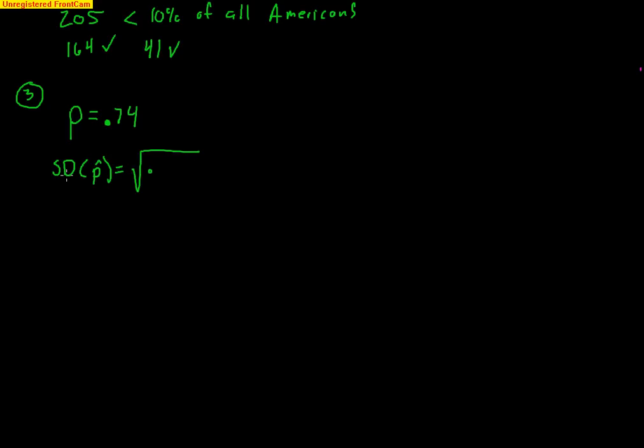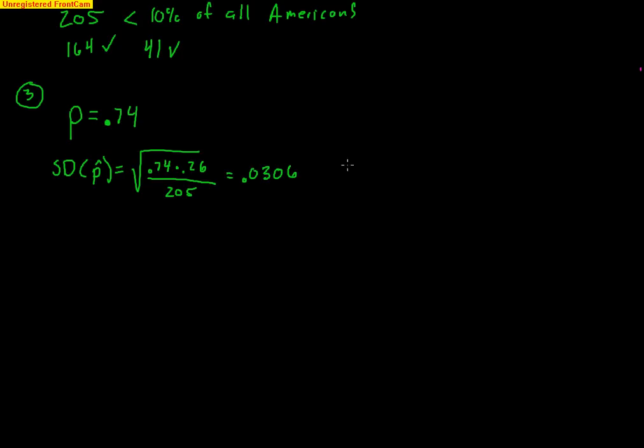The reason I'm calling this standard deviation, not standard error, is because it's based on some truth, not some estimate. So we're going to do the math here. Square root of 0.74 times 0.26 divided by 205, and we get 0.0306.